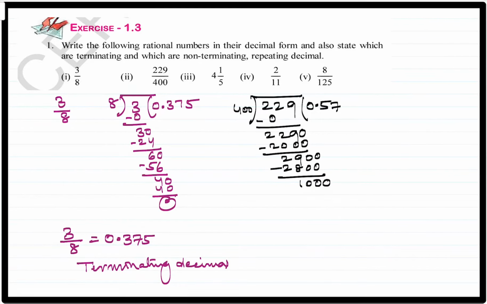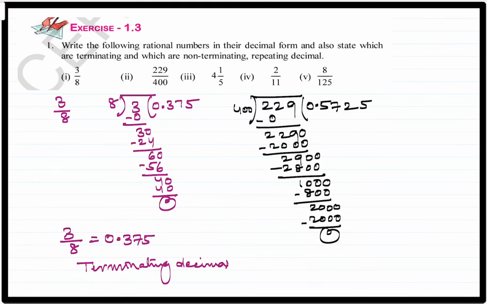Keeping the 0, it becomes 1000. 2 times 400 is 800. Again we get the remainder 200. Keeping 0, it becomes 2000. 400 5 times is 2000. So here the remainder is 0. The division ends here.